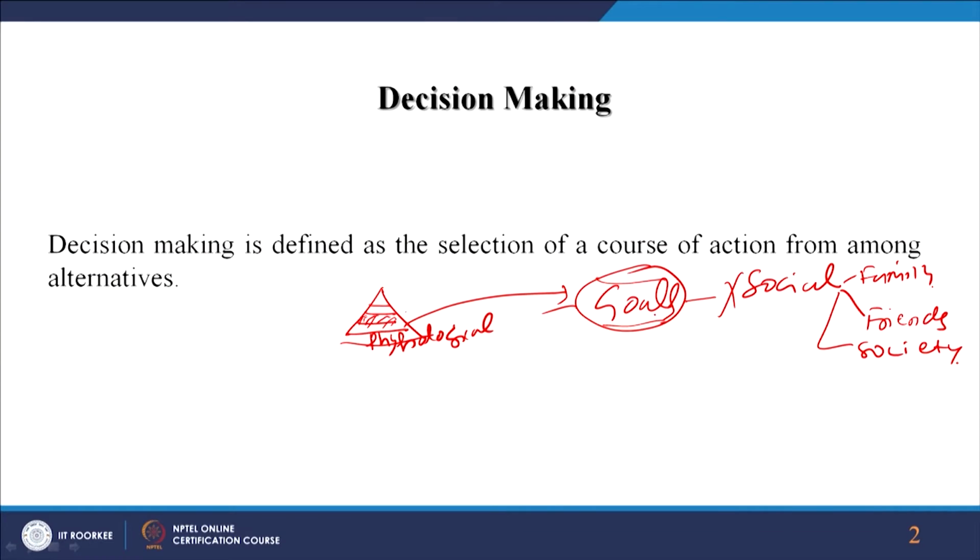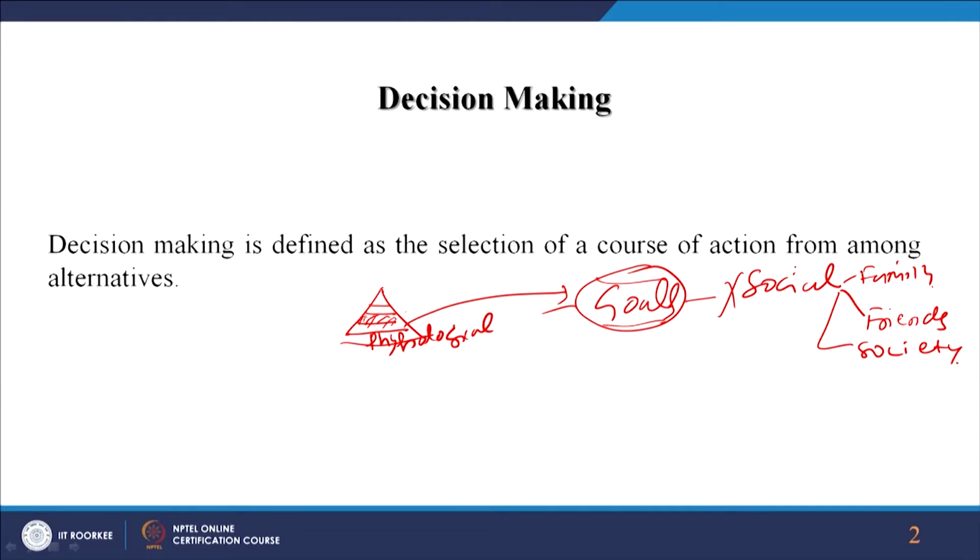It means that the decision making process is driven by the goal. What is the need of the person, and sometimes it is the wants, and if he is going in the direction driven by these needs or wants, then this particular action he will choose.